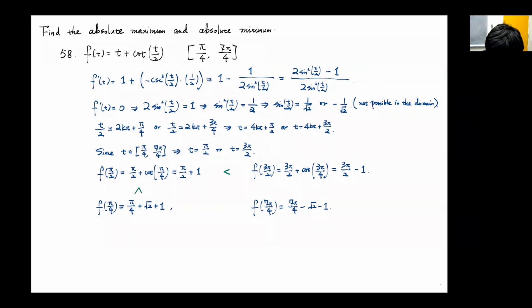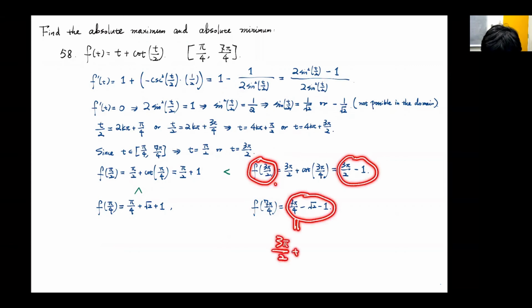Okay, now let's also compare these two guys over here. We are basically comparing the adjacent guys. So f of 3 pi over 2 will be 3 pi over 2 minus 1. And in order to compare it with this guy, let me rewrite the second guy as 3 pi over 2 plus pi over 4 minus root 2 minus 1. Notice that the upper guy is precisely these two terms.